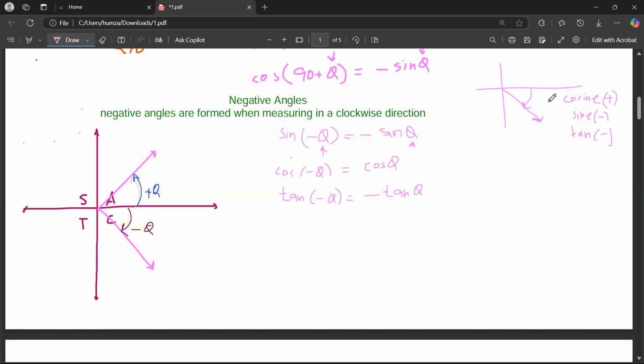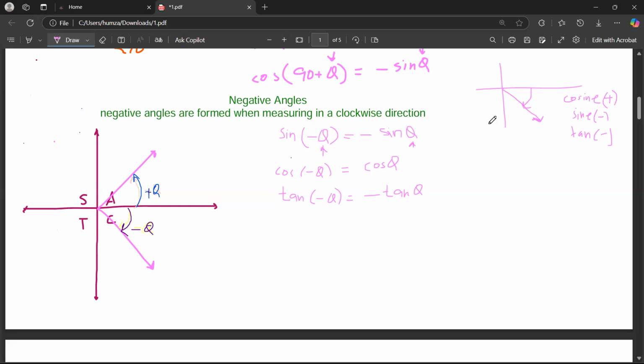Now they want the value of sine negative theta. They told you to draw a triangle in quadrant 4. The theta is negative. This is what is telling us to look in quadrant 4. Now they want the value of sine.